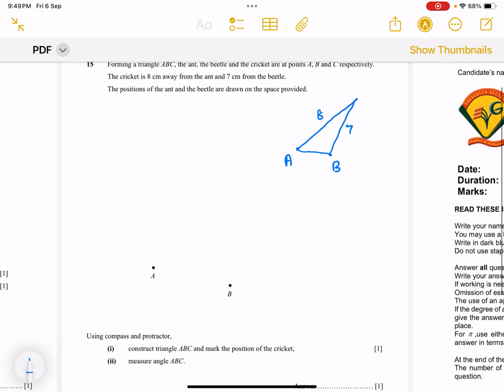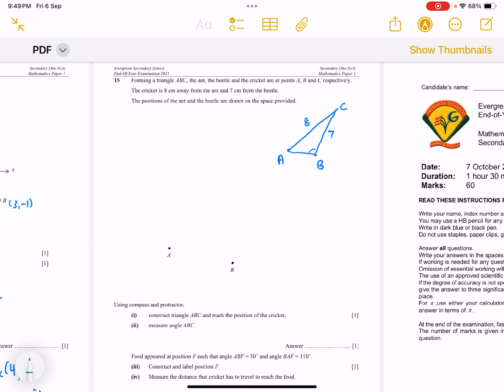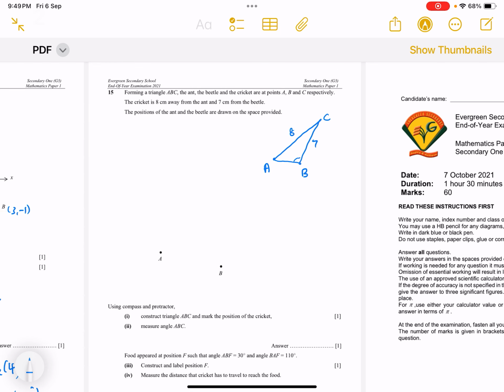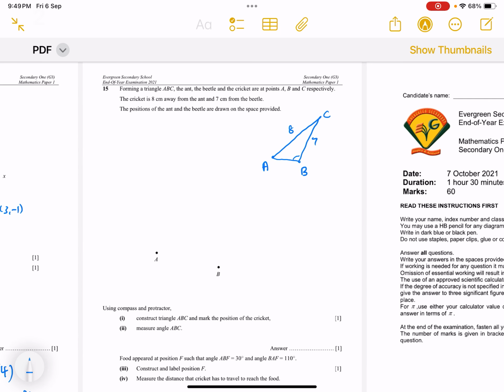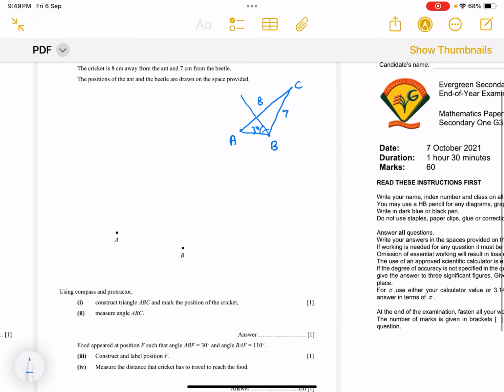Then if you look further down, construct a triangle ABC and mark the position of C, then measure the angle ABC. So we have to measure this angle. Then we have to construct position F, the foot, where angle ABF is 30 degrees and distance BAF is 110.